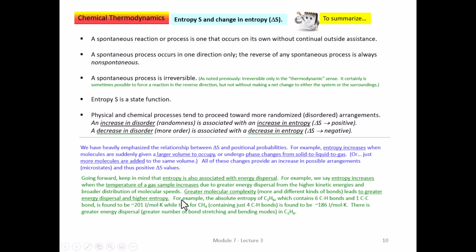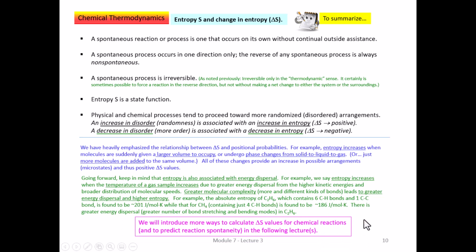For example, we can compare a couple of simple molecules. The absolute entropy of ethane, C2H6, which contains 6 C-H bonds and 1 carbon-carbon single bond, is found to be about 200 joules per mole per K, while that of methane, which contains just 4 C-H bonds, is found to be about 186 joules per mole per K. There is greater energy dispersal, a greater number of bond stretching and bending modes, in ethane.